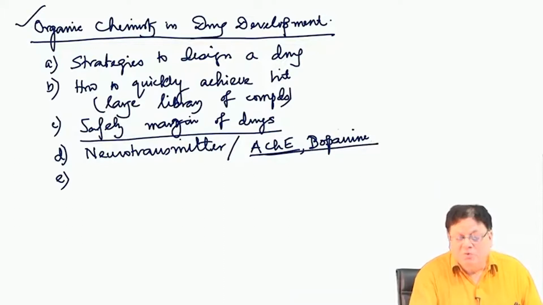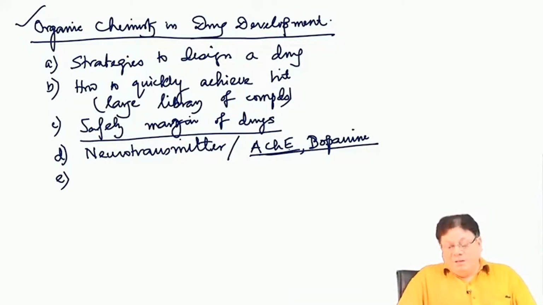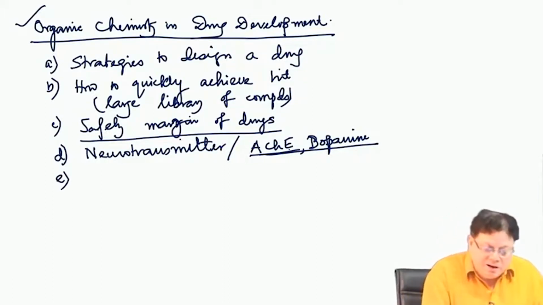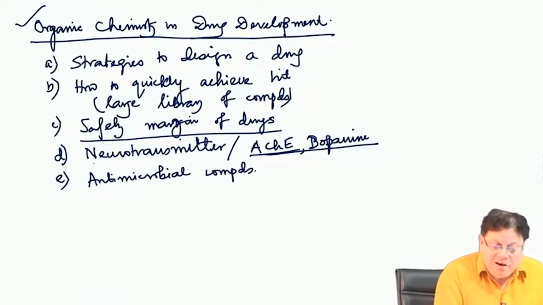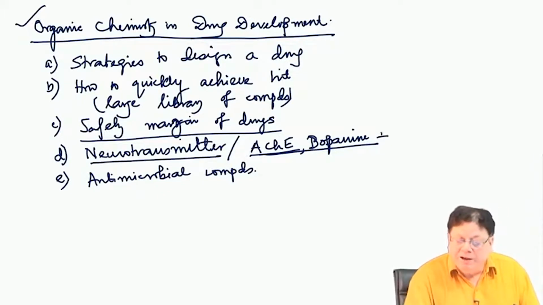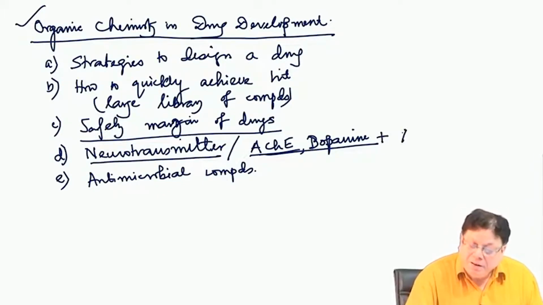When we discussed all these, we covered their production and their degradation and whatever effect they produce when binding to the receptor. Then we took the antimicrobial compounds. Maybe before that, I think we had neurotransmitters, followed by the antihypertensive drugs. I think that is in between these two, antihypertensive.